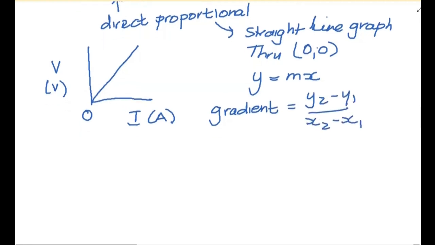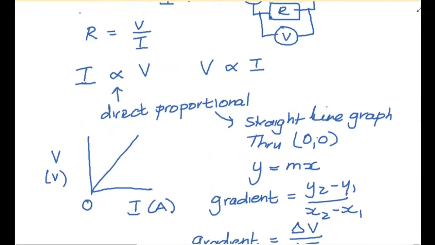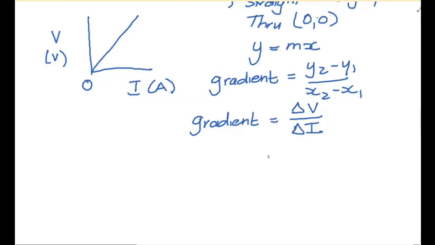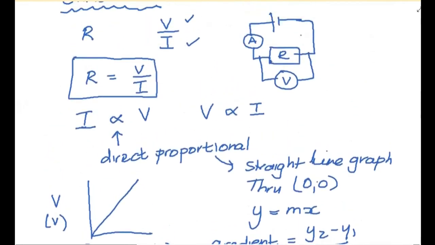So if I look at this particular graph, what I'm going to find is that my gradient is a change in V over a change in I. And if we go back to what Ohm defined as V over I, that is going to give me my resistance. So the gradient of this graph is going to be R, the value of the resistance of my resistor in the circuit that I have here.